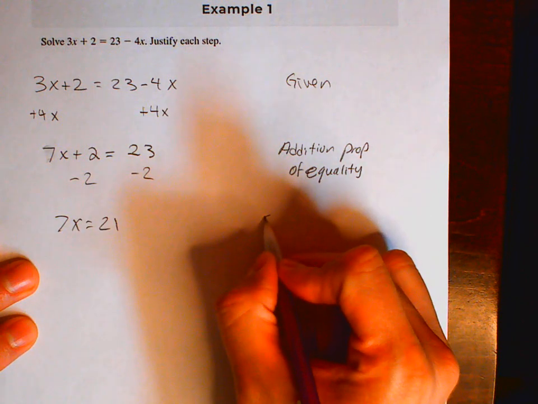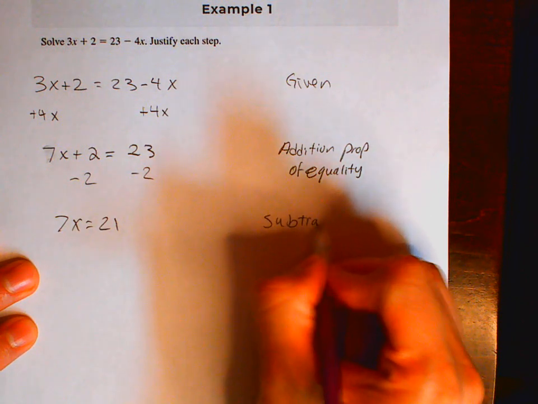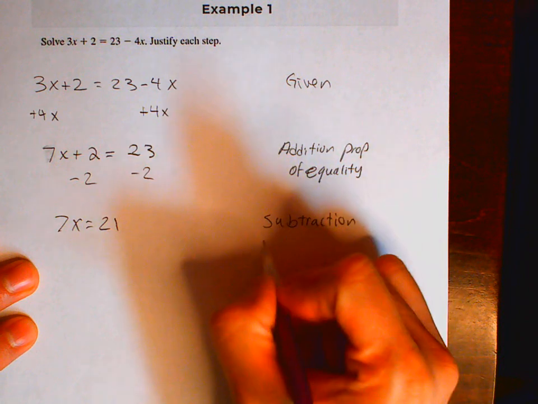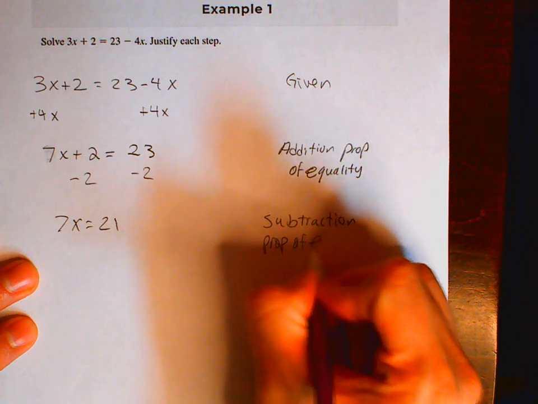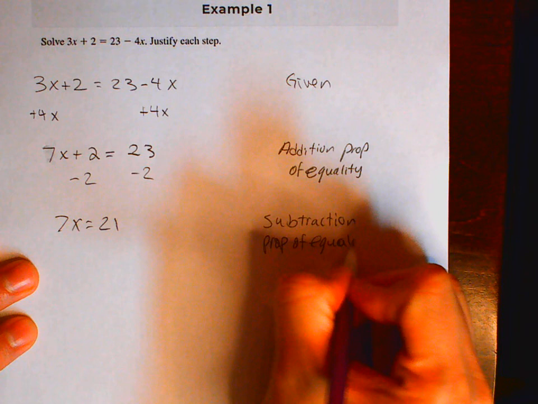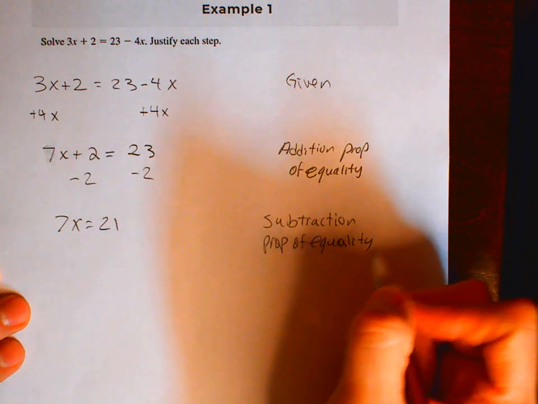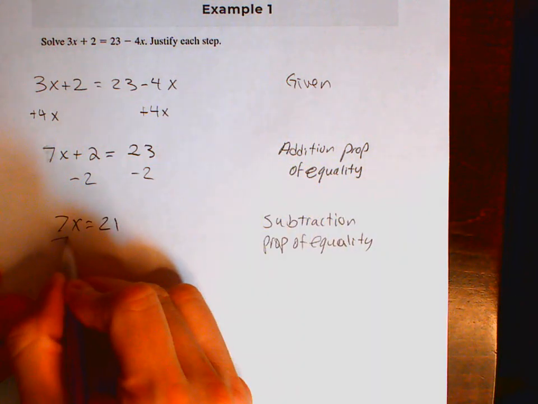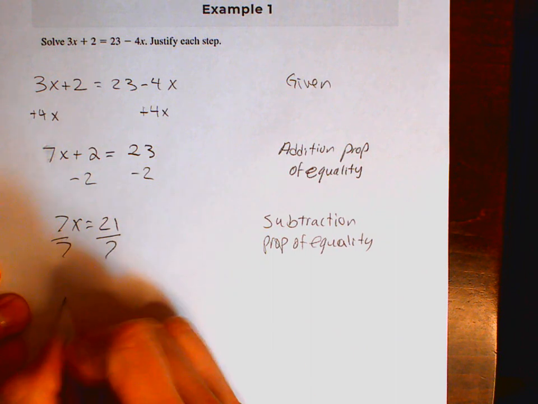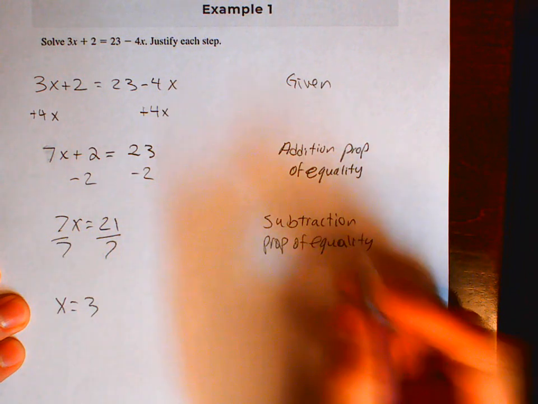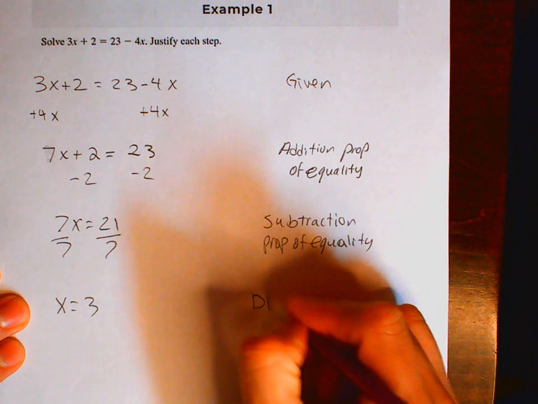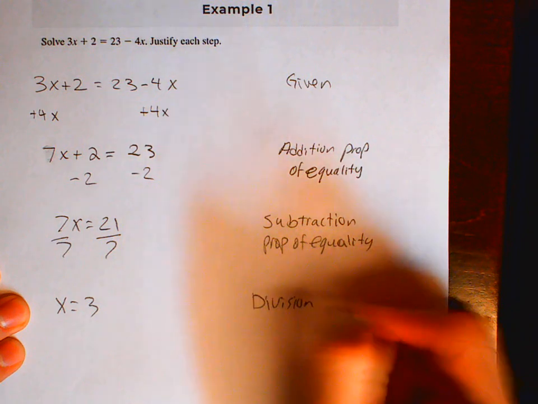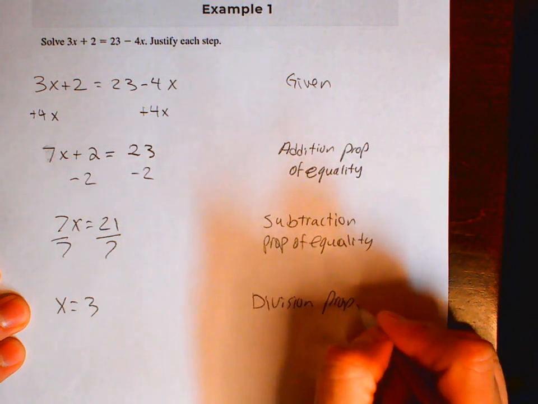So what did I do? I used the subtraction property of equality. And then the next step is to divide by 7. And x is going to give me 3. So what did I do? I used the division property of equality.